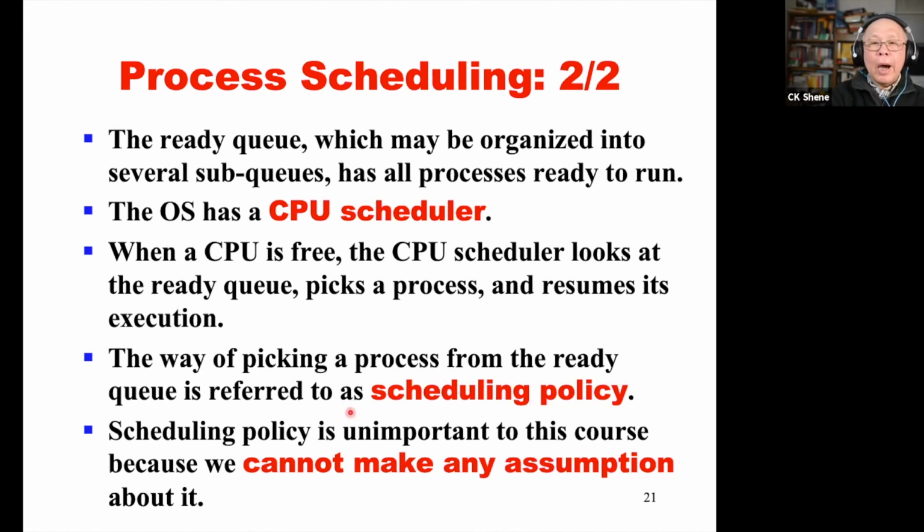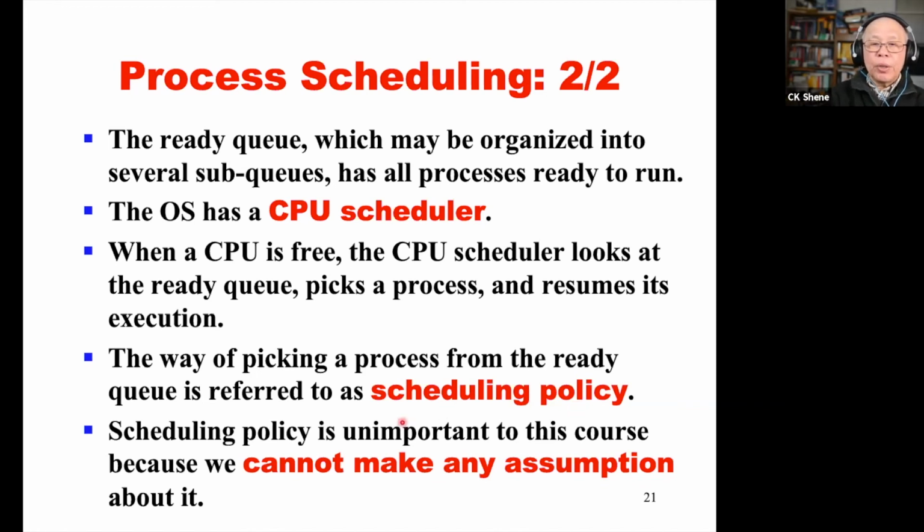So how does a CPU scheduler pick a process? It's always governed by a scheduling policy. A large operating system would have a very complex CPU scheduler with a very complex scheduling policy. This scheduling policy is complex because it has to consider the usage of system resources and try its best to balance the system resource use. I won't be able to discuss it here.